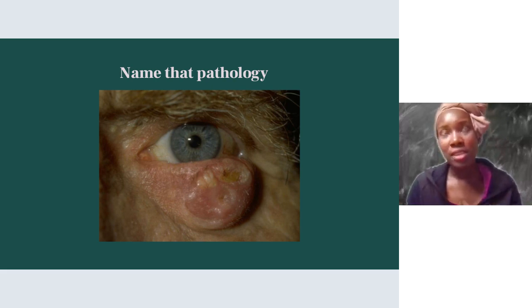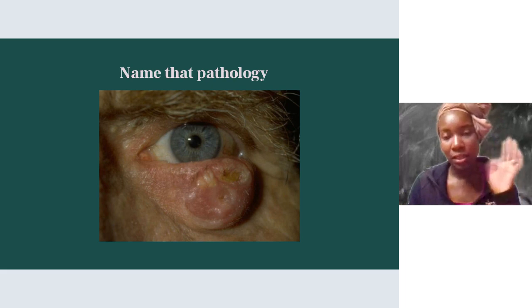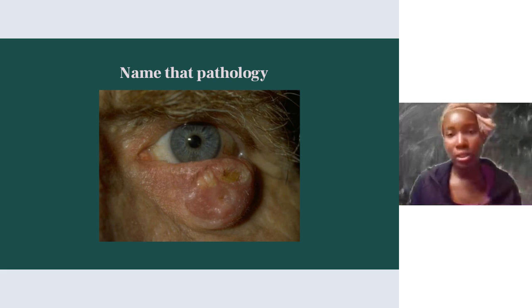I don't think I've ever seen those in a pathology slide. I usually see basal, even though we learn about it. But it literally looks like a brown freckle with irregular, not smooth edges. Yes, squamous is this one.